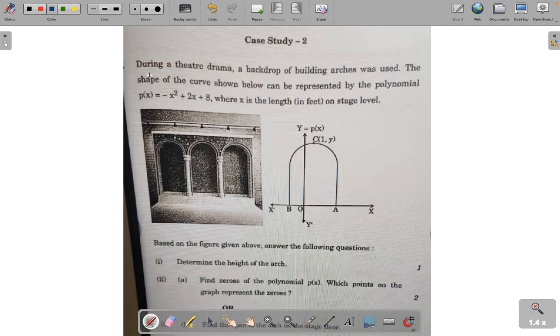Okay, so this says during a theater drama, a backdrop of building art was used. The shape of the curve shown below can be represented by the polynomial. So this is the polynomial. This is a question from polynomials, where x is the length in feet on stage level. If you look at one of the arches, start from there and consider this as the origin.